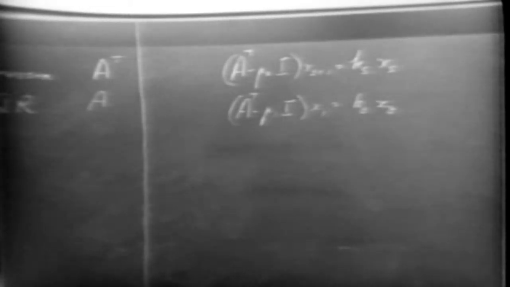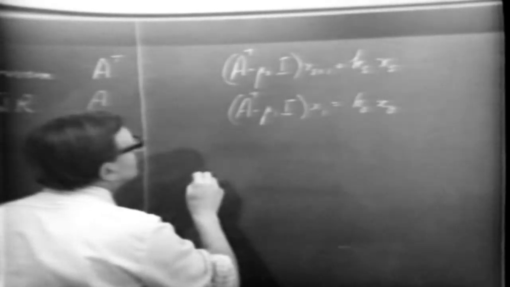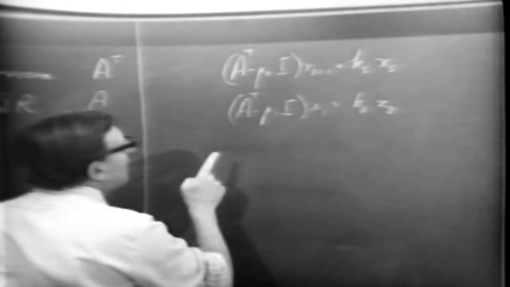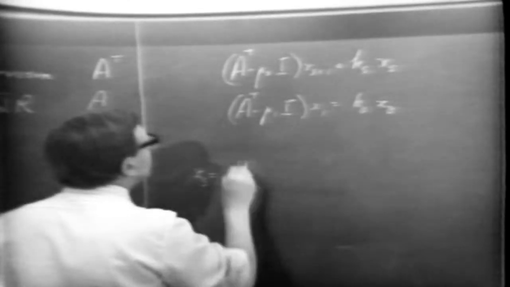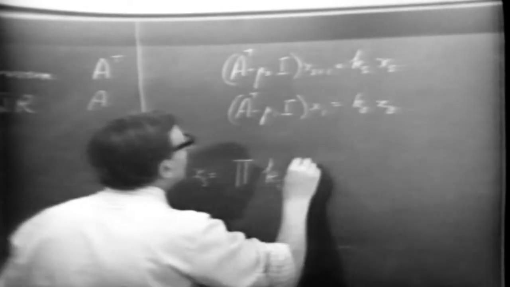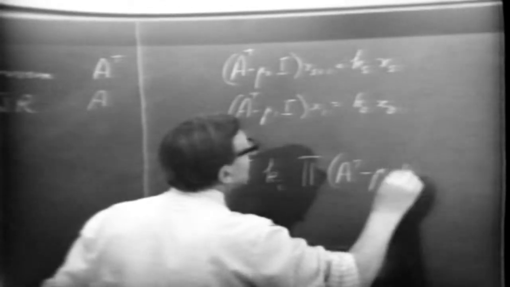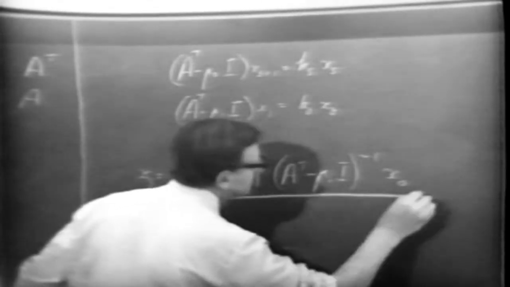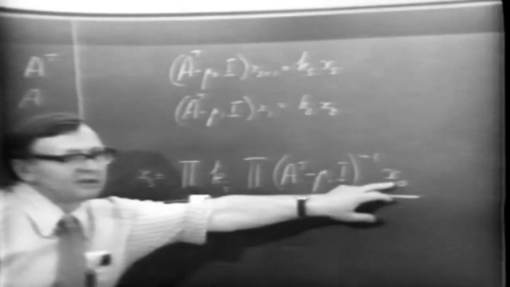So that's the process I'm thinking of, and I will get that xs is, up to a factor ki, the product of (AT minus pi I) to the minus 1 times x naught. So that's what happens if I do inverse iteration. That's how the s iterate depends on the first one.